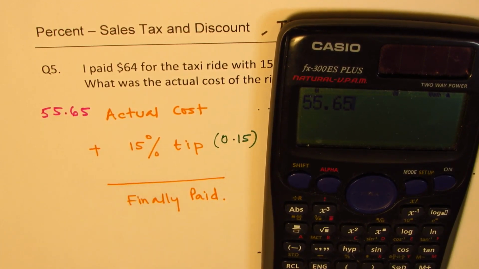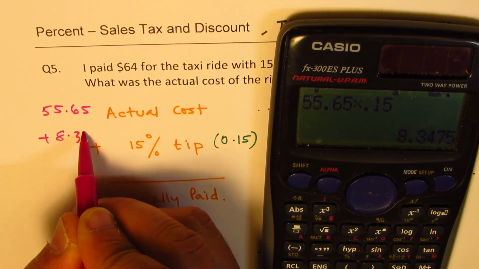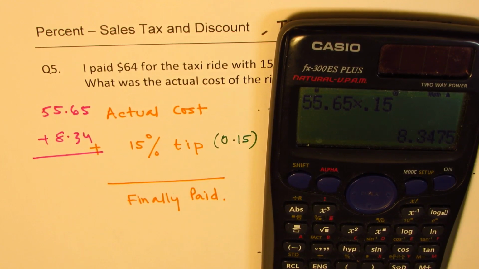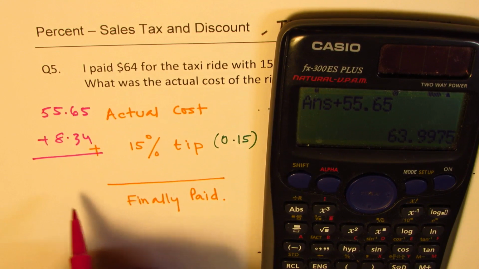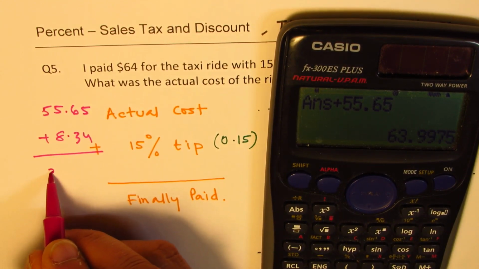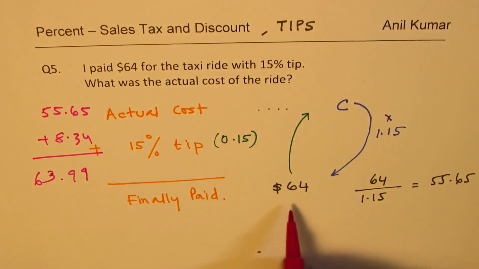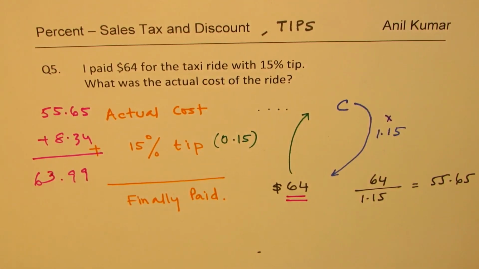So if I add 15%, which is times 0.15, how much do I get? This amount will be 8.34. So I have to add 8.34, right? So if I add this amount, what do I get? So when I add 8.34 to 55.65, I do get 63.99, right? So basically, because we rounded this, we get 63.99. So I think that is correct. So we got 64 and 63.99.